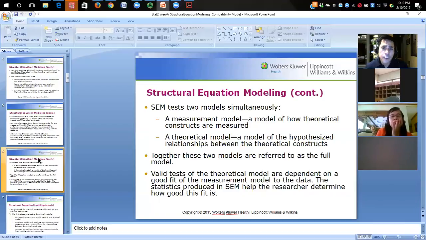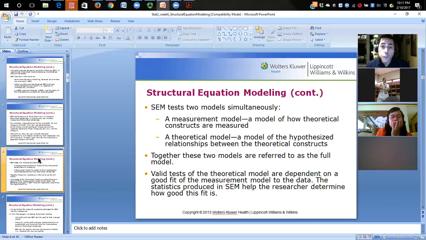In structural equation modeling, what's different is that you actually have the tools already. You are using a valid and reliable tool that measures all the constructs that you think are part of your theoretical construct. That's the major difference here. In structural equation modeling, you are not developing a tool, and you are not testing the validity and reliability of the tool.